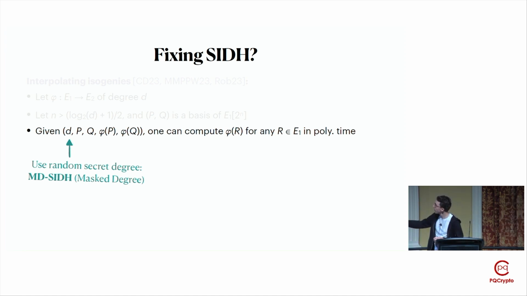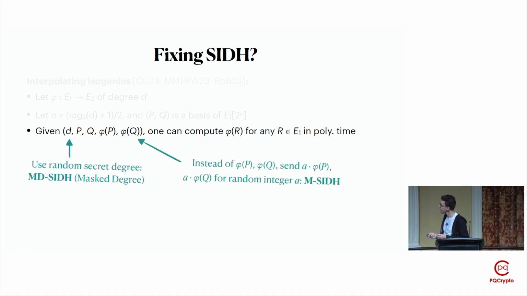Otherwise, you could also try and hide a bit better the images of the points. Phi of P and phi of Q, you could replace them by A times phi of P and A times phi of Q for a random secret integer A. Why are you allowed to do that? Well, think about it. What are we using these points for in the protocol? Alice is using these points that Bob sent her to compute the image of her subgroup.